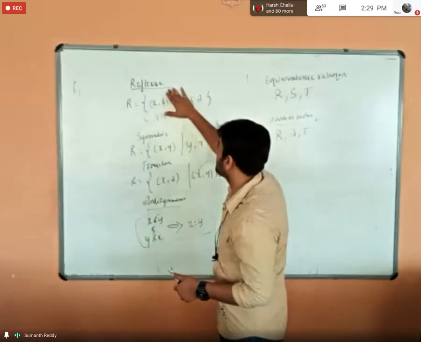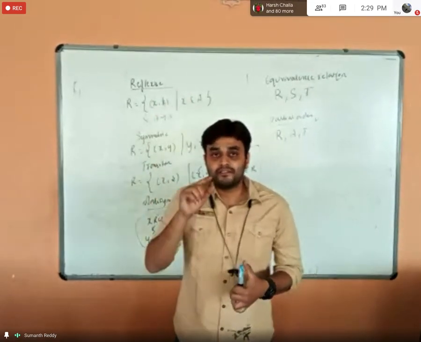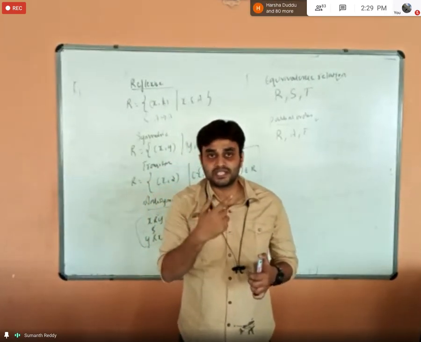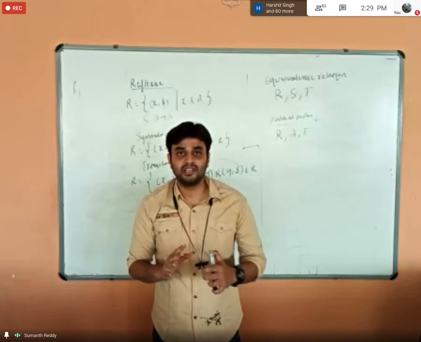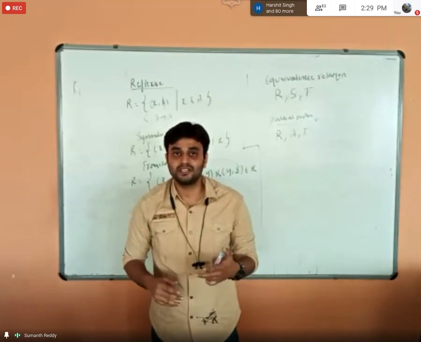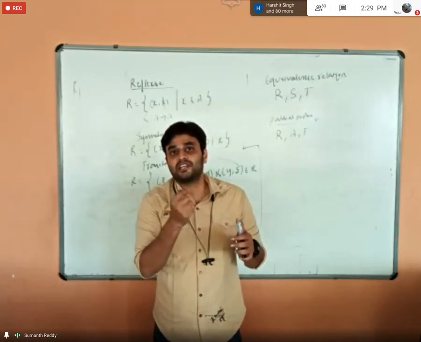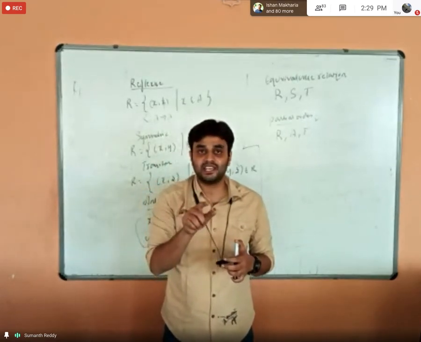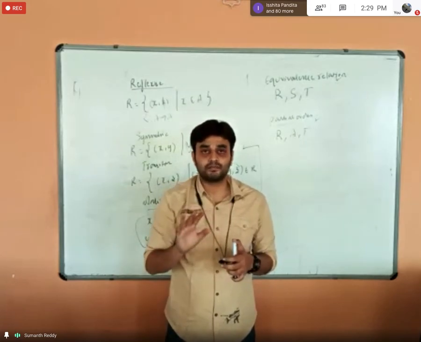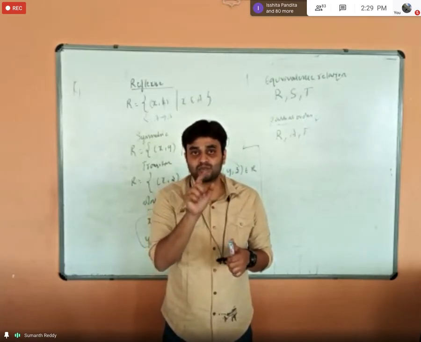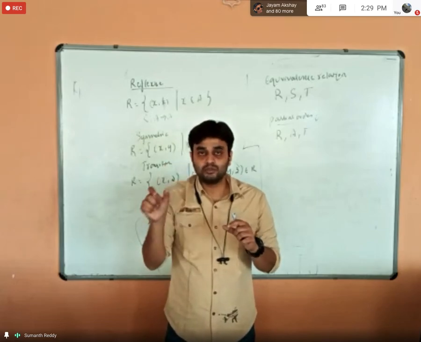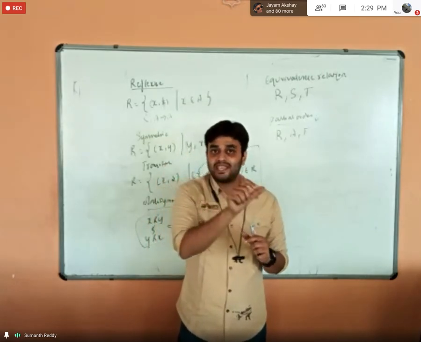I just have to tell you one more thing. In case of the reflexive relation, if every element of the set on which the relation is defined is related to itself, such a relation is said to be reflexive. Actually, there are two more subparts of this. If not all the elements are related to itself, here is an example. Say the set A has the elements W, X, Y. When we define the relation, we have W comma W, X comma X, but Y comma Y is not there.